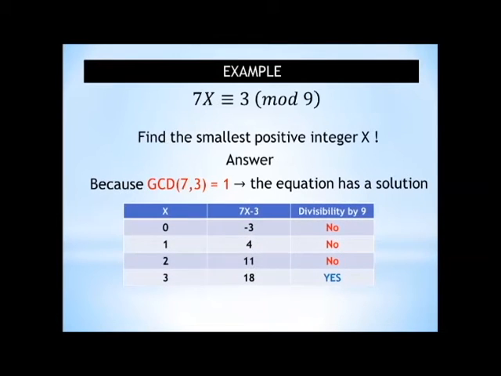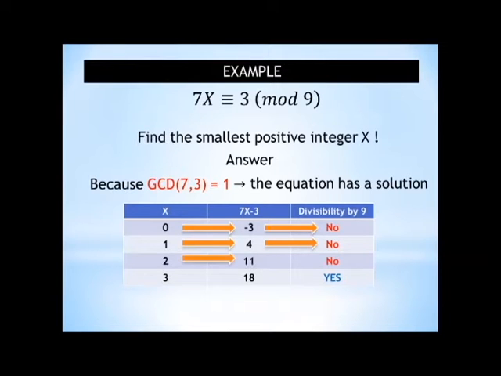By using this table, we can check the value of x from 0 to 3. If x is 0, then the value of 7x minus 3 is minus 3, but minus 3 cannot be divided by 9. Next, x equal to 1, and the value of 7x minus 3 is 4, but 4 cannot be divided by 9.